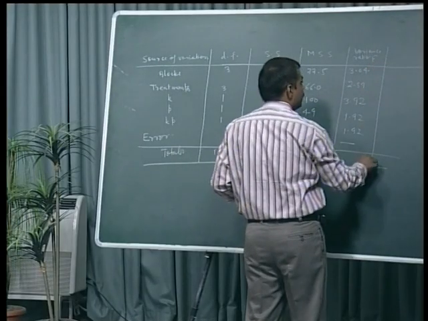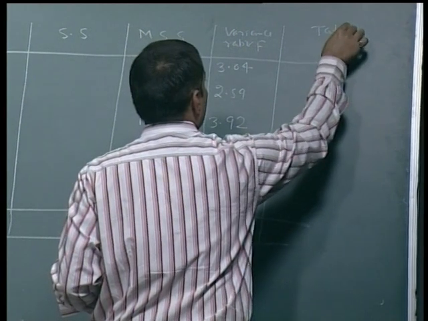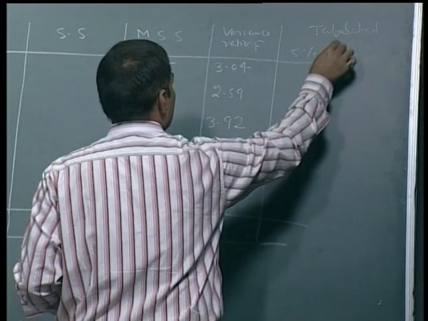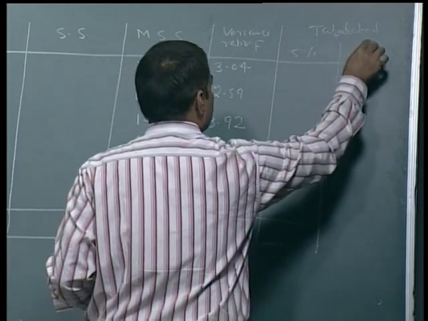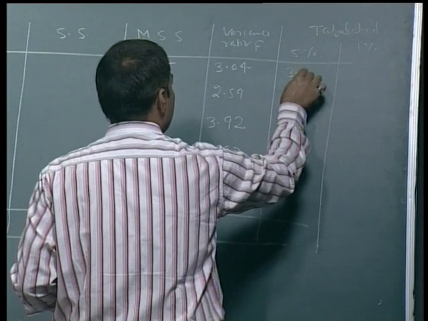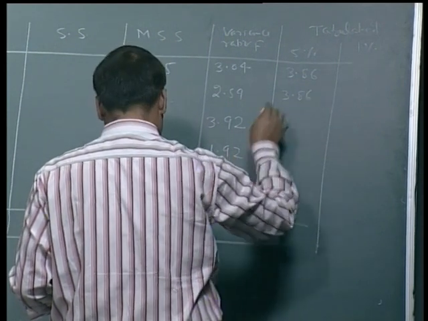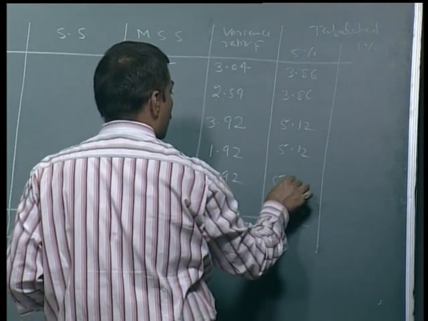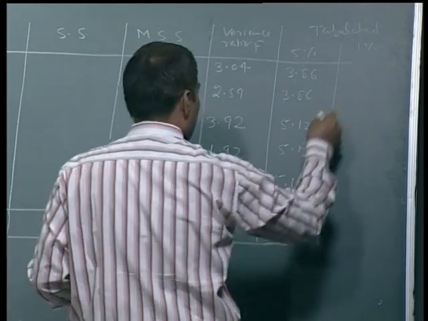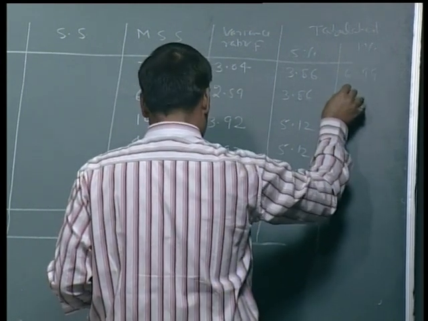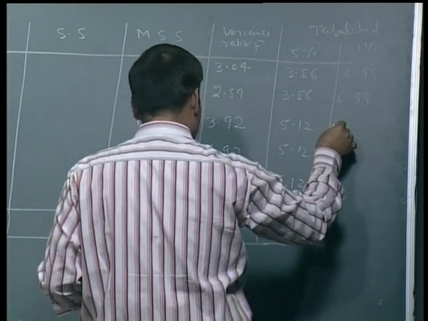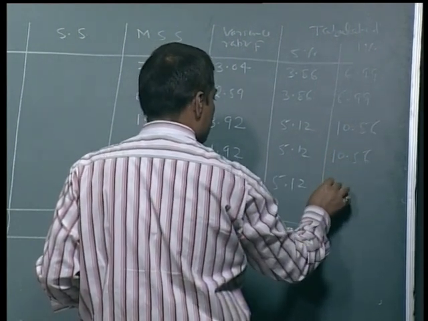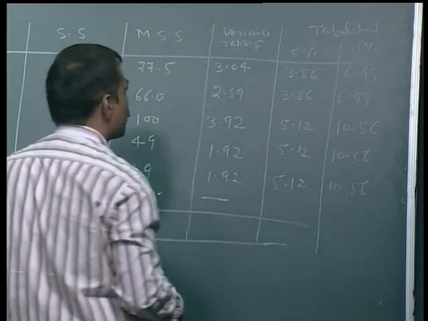And we compare with the tabulated values at 5% or 1%. Tabulated F is 3.86, 3.86, 5.12, 5.12, 5.12, 6.99, 6.99, and 10.56.